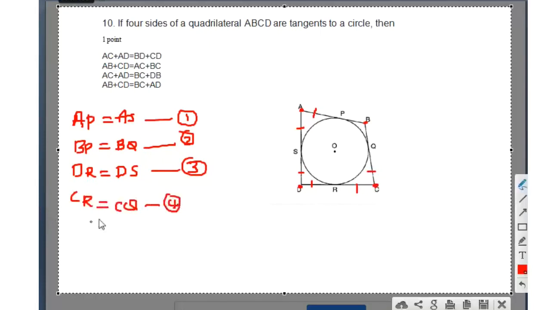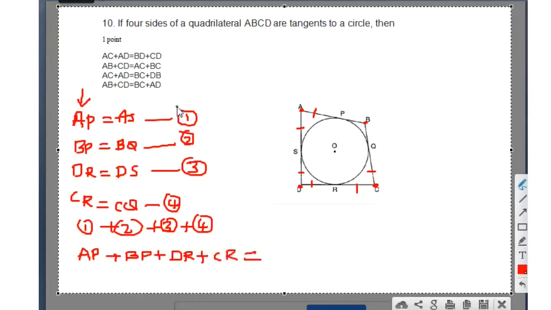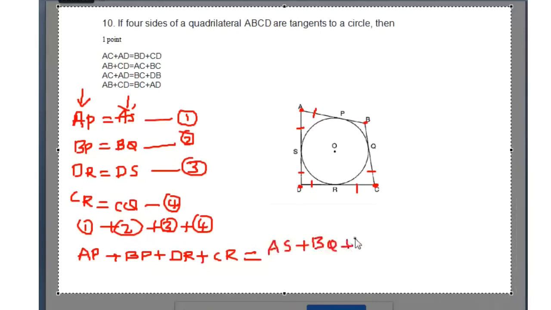So I will add all the four equations. Adding, the left side of the equations is AP plus BP plus DR plus CR, which is equal to the right side of the four equations, AS plus BQ plus DS plus CQ.